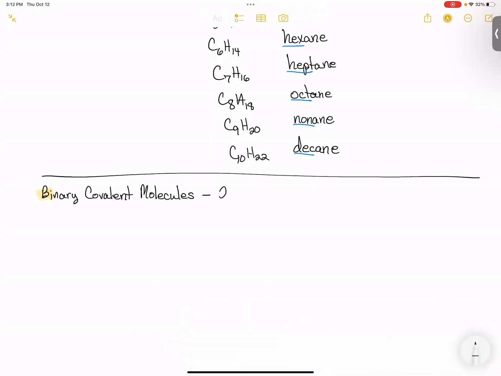Basically, it is a molecule that consists of 2 metalloids and or nonmetals.